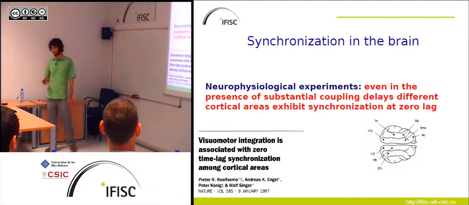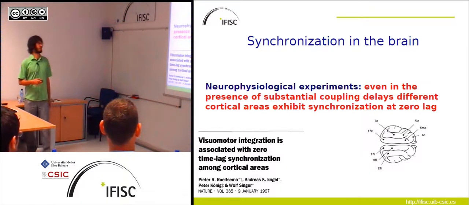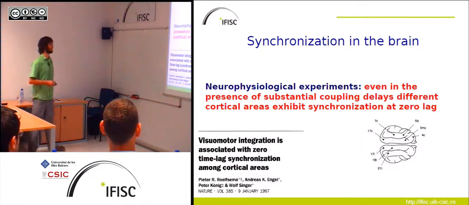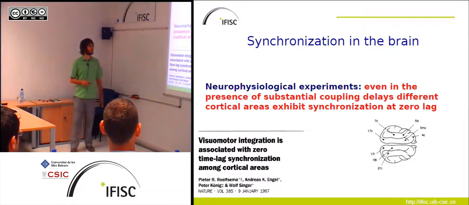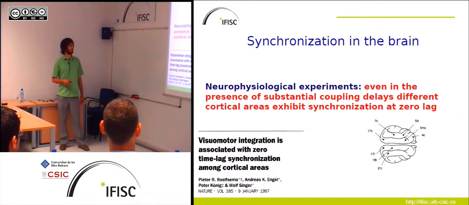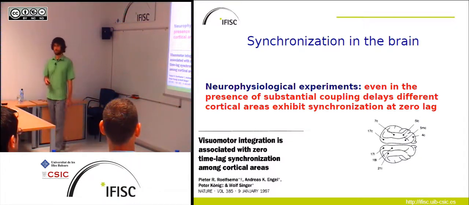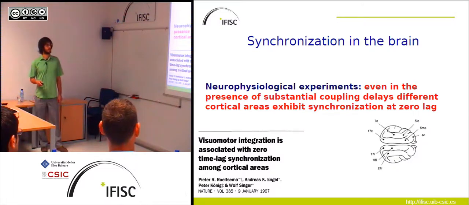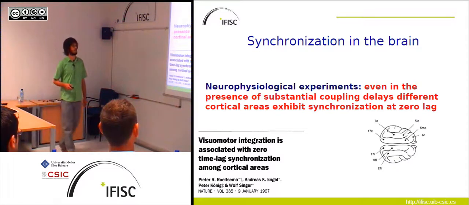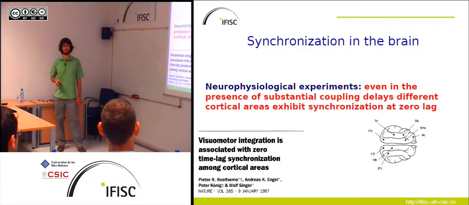Synchronization is found in the brain, and it's thought to be an important dynamical feature. It occurs between distant regions, even when there is a long delay in the connection, which is much longer than the internal time scale of the neurons.